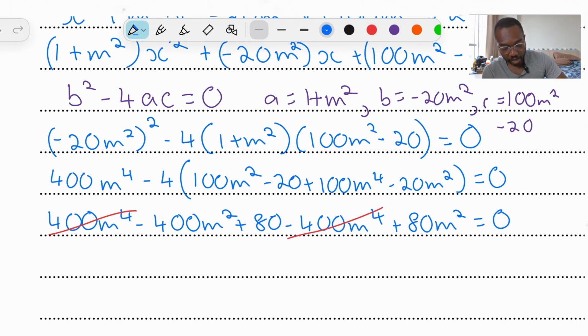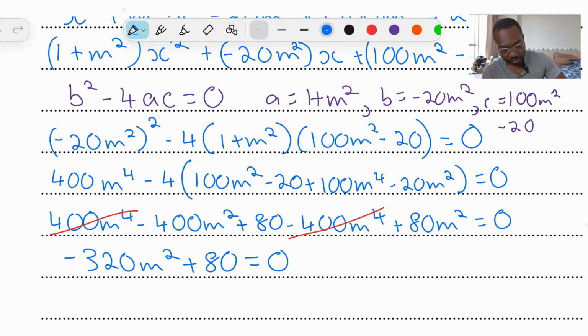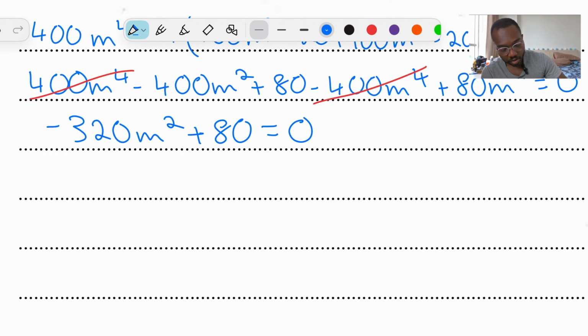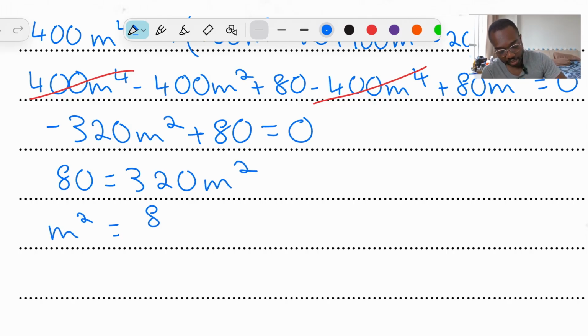Therefore, we have minus 400m squared plus 80, so that would be minus 320m squared plus 80, and that is equal to 0. And therefore, we have 80 is equal to 320m squared. Therefore, m squared is equal to 80 over 320, which is 1 over 4.